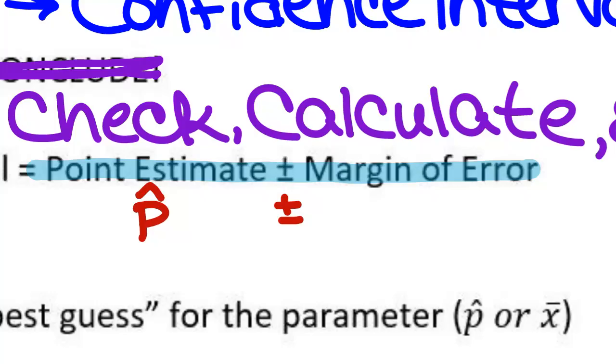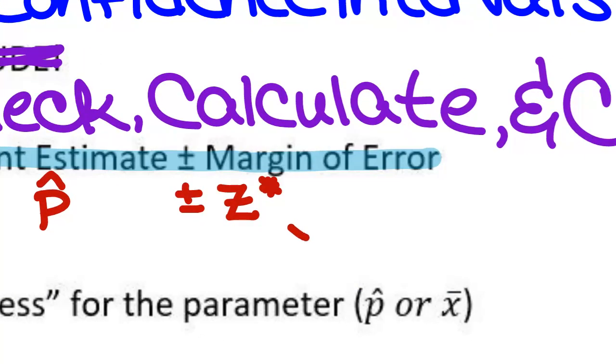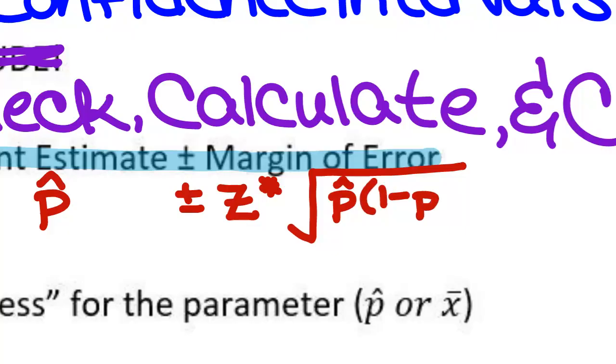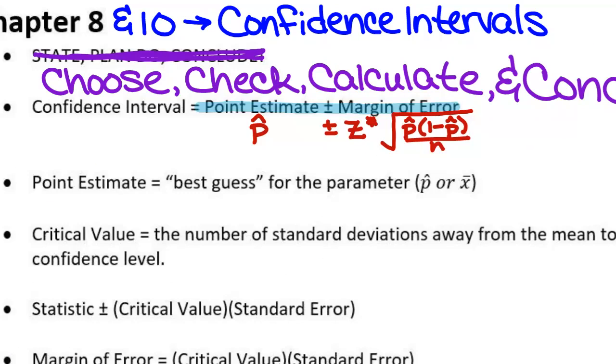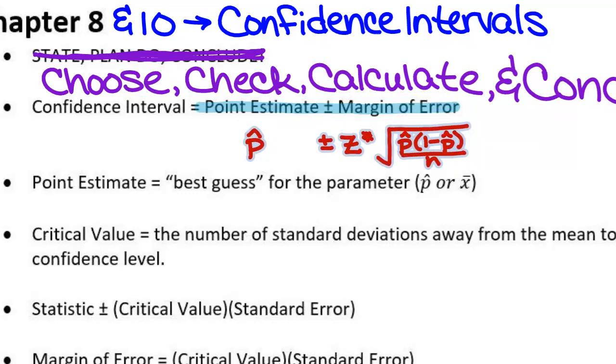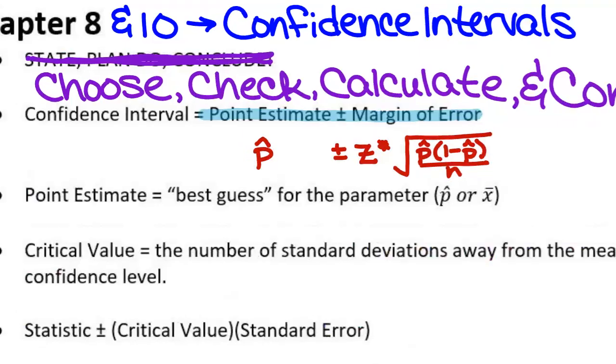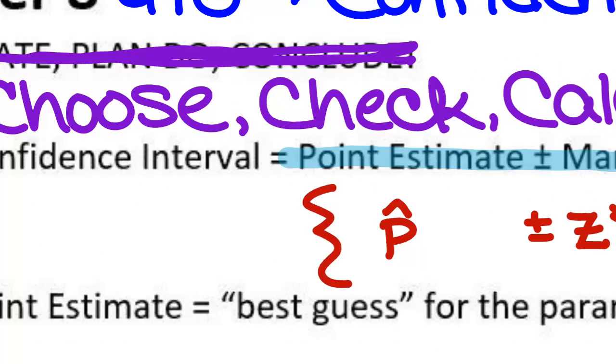To calculate the margin of error, we had our critical value, z star, times the square root of p hat times 1 minus p hat over n. This is for proportions.